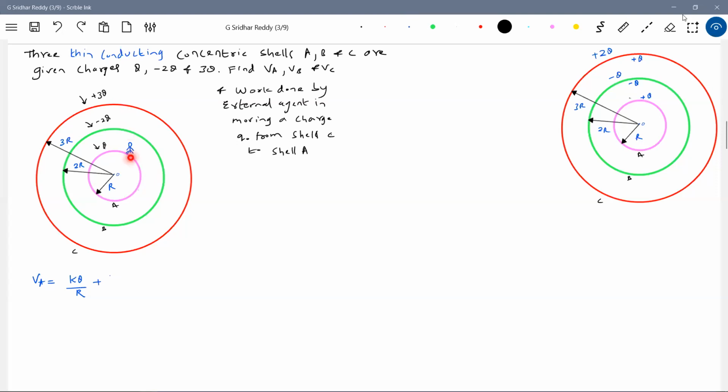Then you are inside shell B, so the potential is that on the surface: K times minus 2Q by 2R. Then you are here. Assume that shells A and B are not there, only shell C is present. Since you are inside shell C, what is the potential on the surface? That should be the same everywhere inside. So K 3Q by 3R.